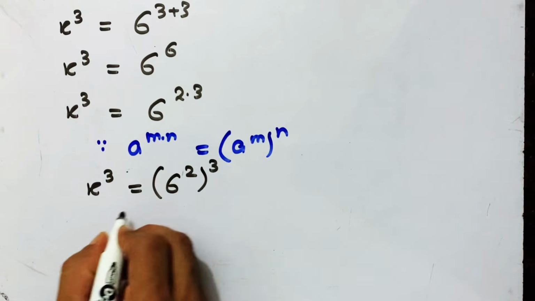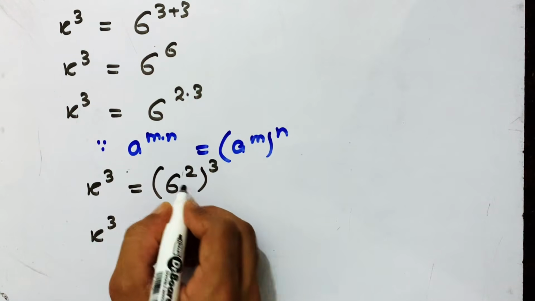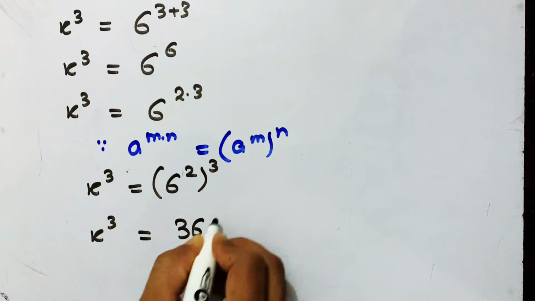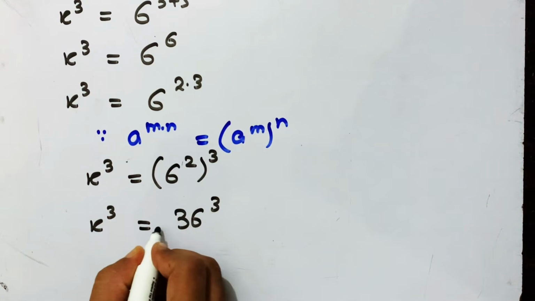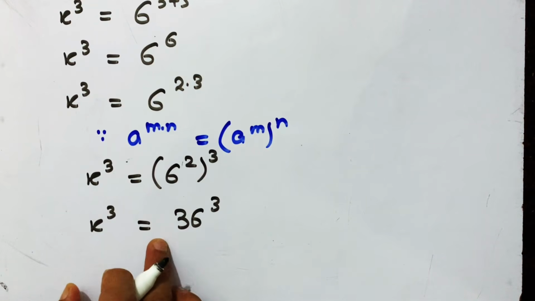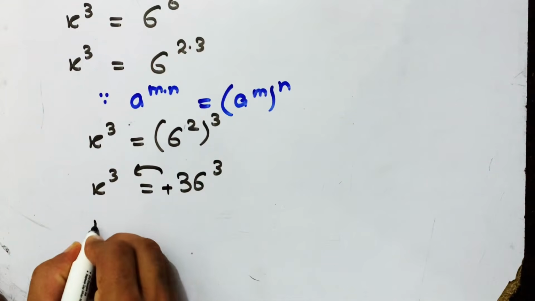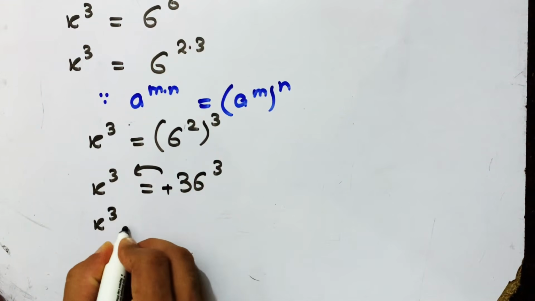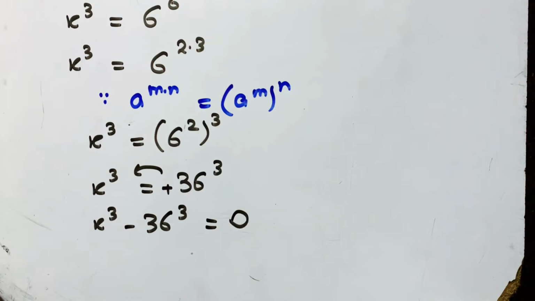So x cubed equals 6 times 6, which is 36, cubed. Moving the positive term to the opposite side makes it negative, so x cubed minus 36 cubed equals 0.